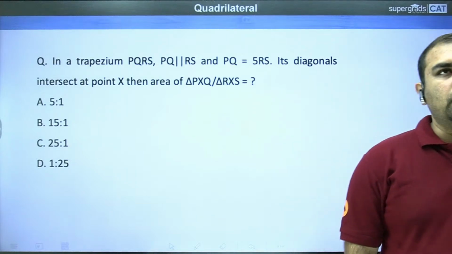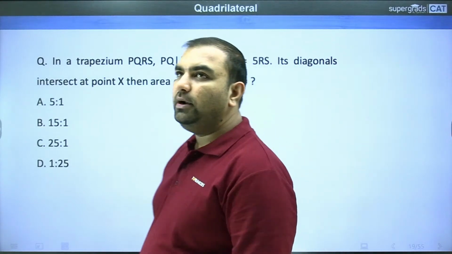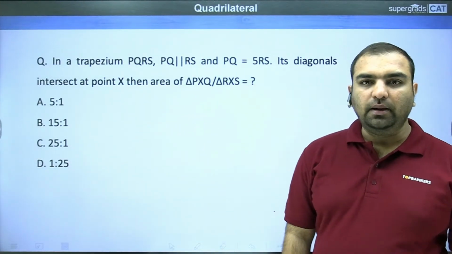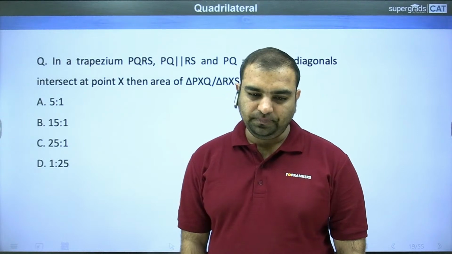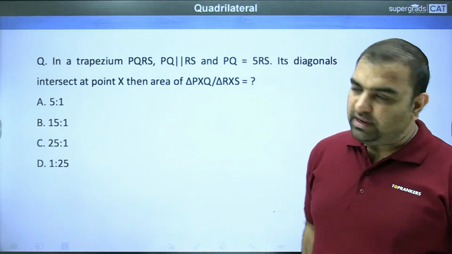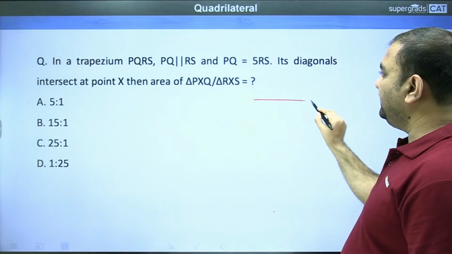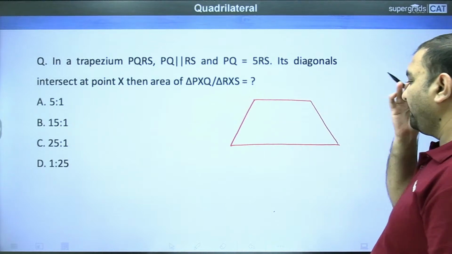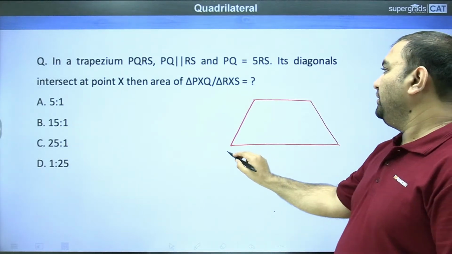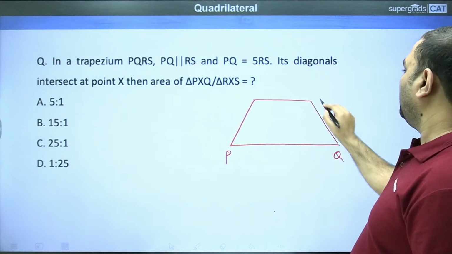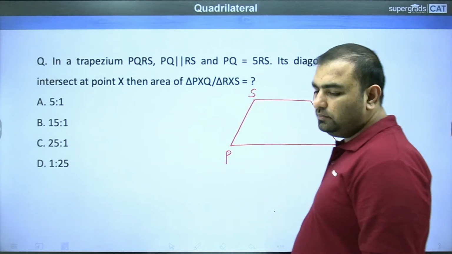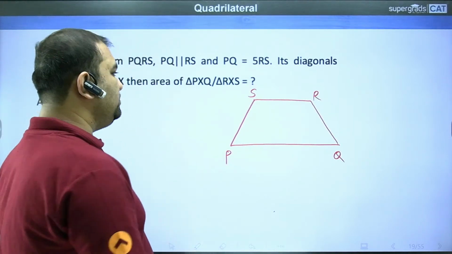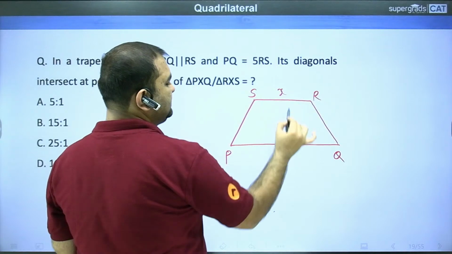If you have read a little about similarity of triangles, it is not going to take a lot of your energy and time. PQ is 5 times of RS. PQ is one of the parallel sides, RS is another, and PQ is 5 times of SR. So if this is X, this is 5X.